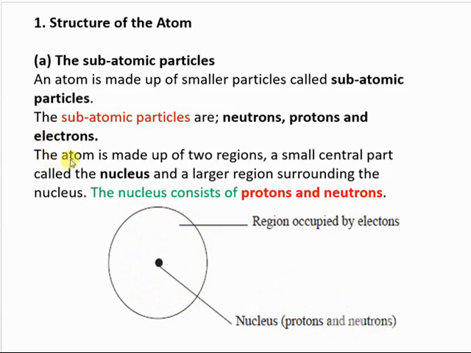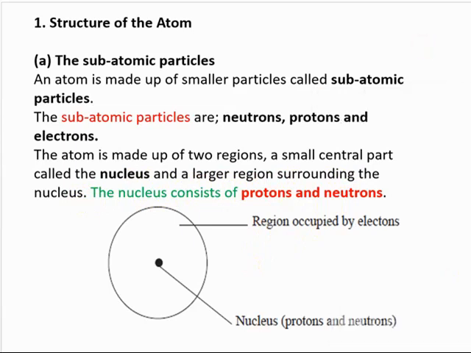Therefore the atom is made up of two regions: a small central part called the nucleus, and the larger region surrounding the nucleus. The nucleus consists of protons and neutrons.